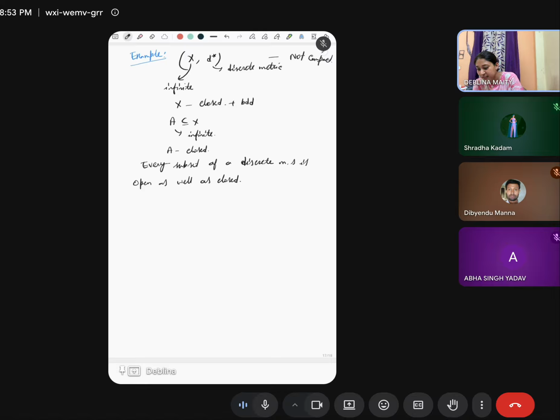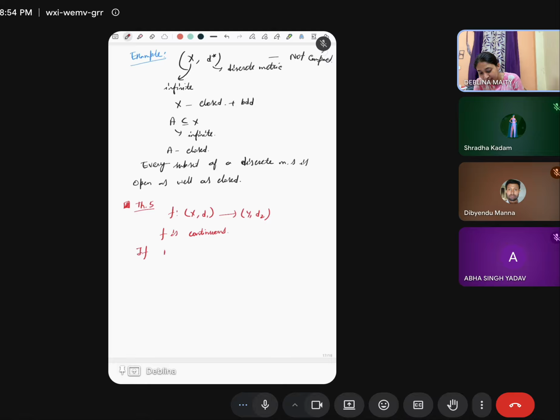Now if we take a continuous function from a compact metric space, then the image will also be compact. This we have to prove. This is theorem 5, maybe. So f is a mapping from (X, d1) to (Y, d2), and f is continuous.